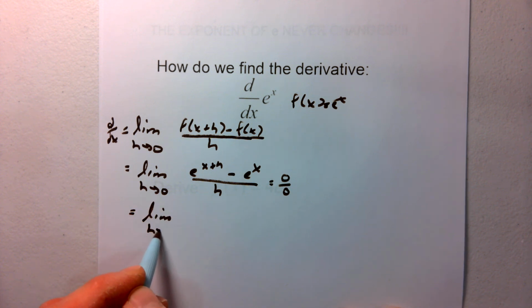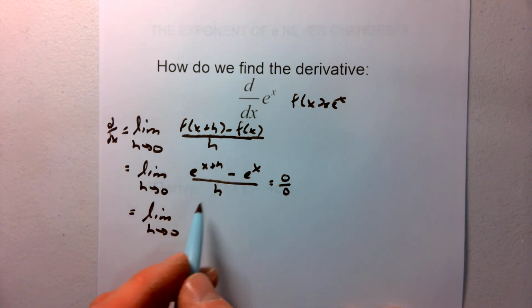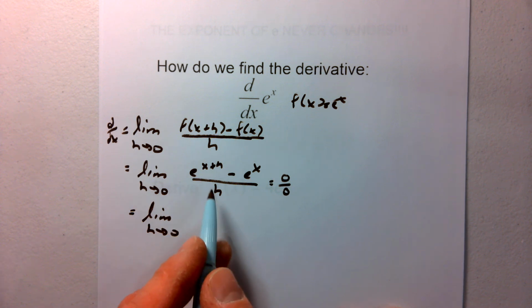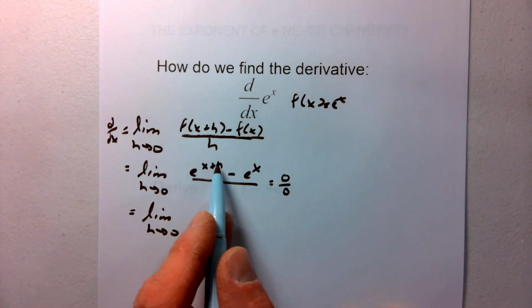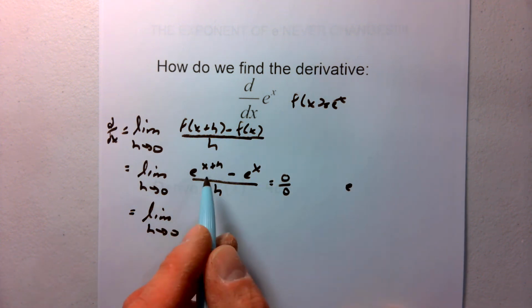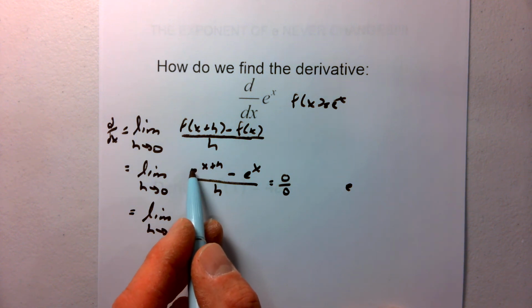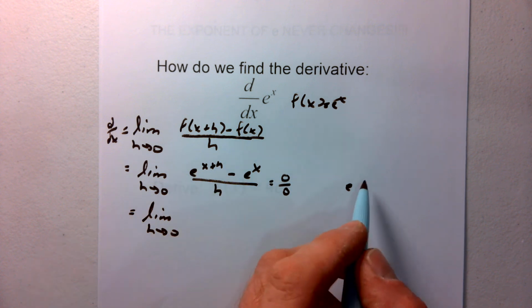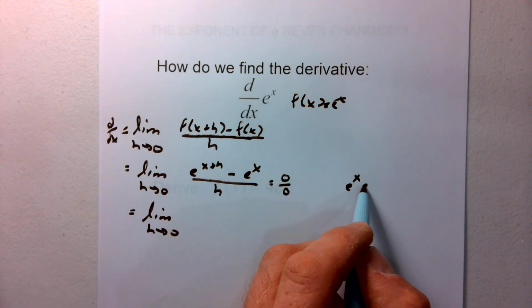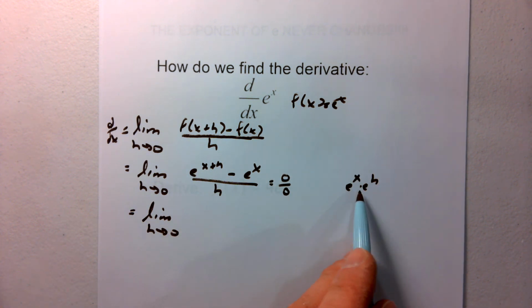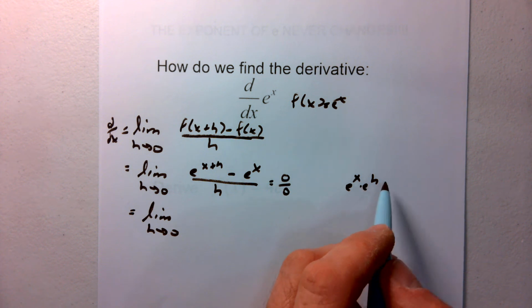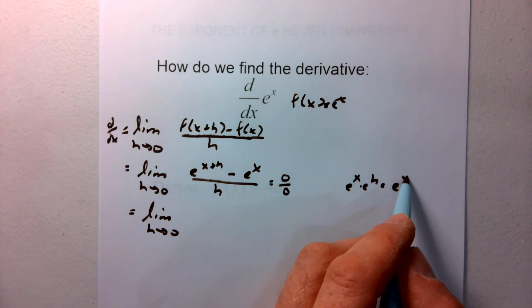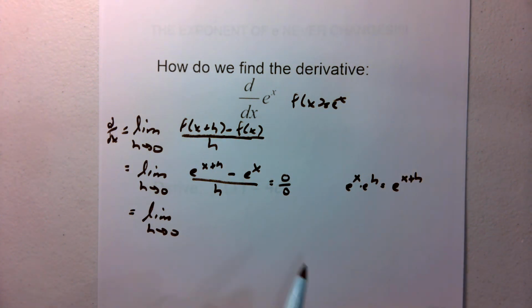In this case, I want to go ahead and factor an e to the x out of the numerator. I have e to the x plus h here, but remember when we multiply common bases, we add the exponents. So I can break this apart and say it's e to the x times e to the h. Because if I pull these back together, I have a common base, so I would add their exponents. So e to the x times e to the h is equal to e to the x plus h.